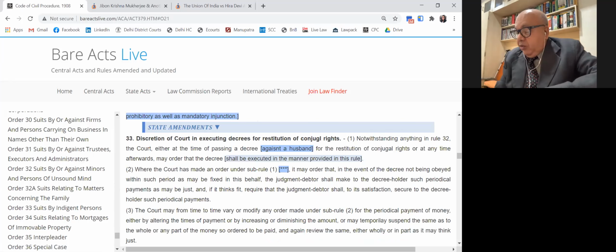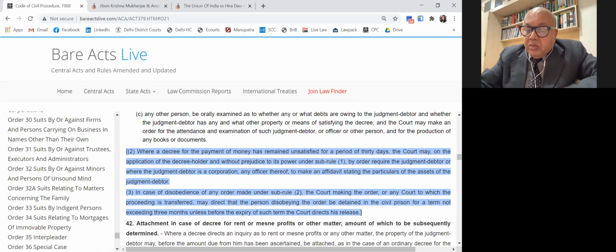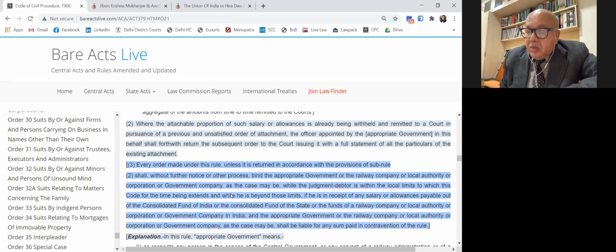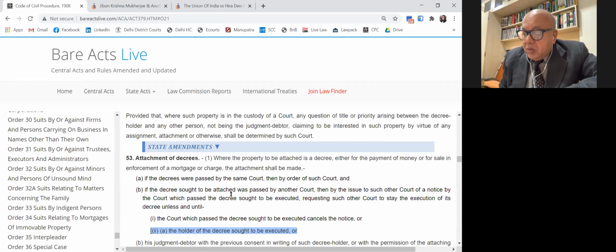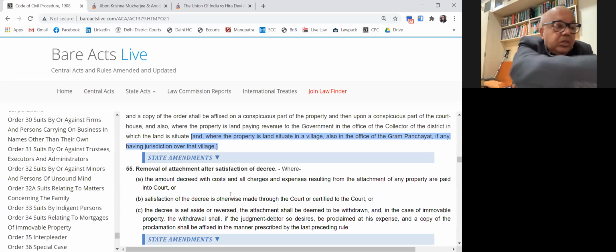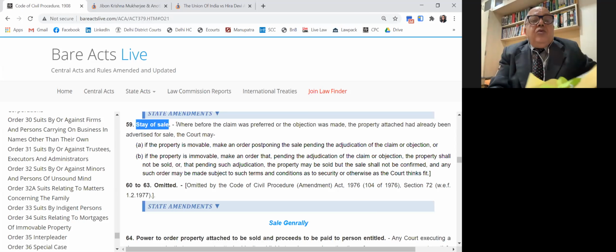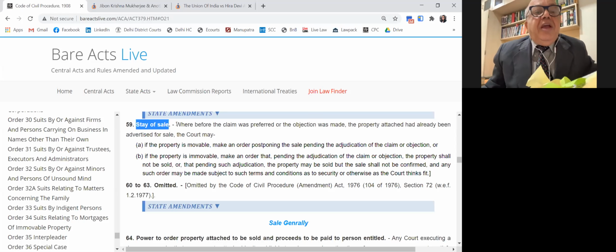Order 21 Rule 59. मिला आपको? Stay of sale. So this is another provision where a sale can be stayed.